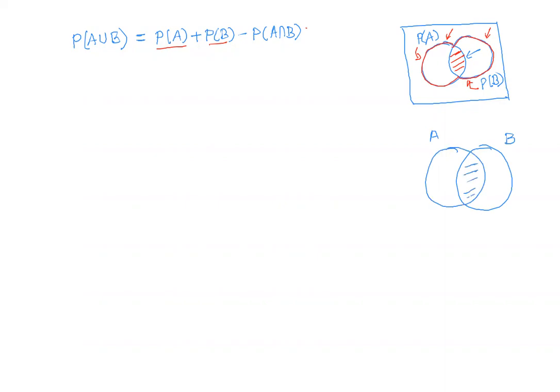This is common in A and in B. So if we want to find the probability of A union B, then if you do probability of A plus probability of B, this portion, this shaded region, is being calculated twice. So you just have to subtract once: probability of A intersection B.